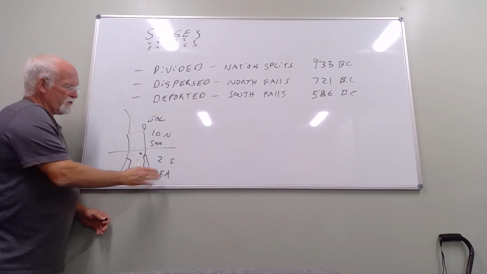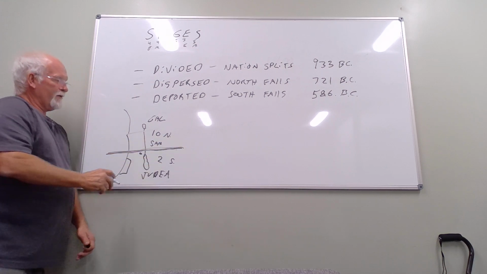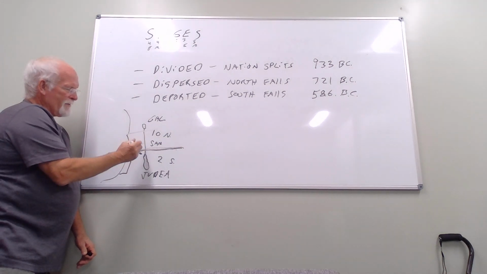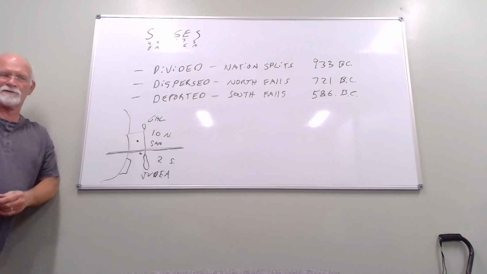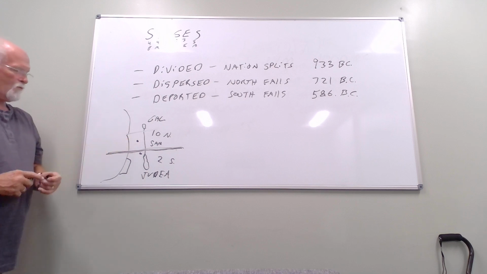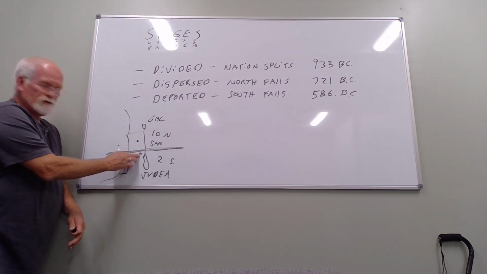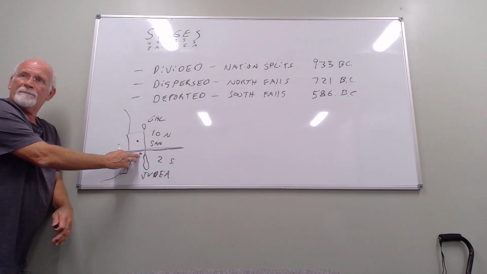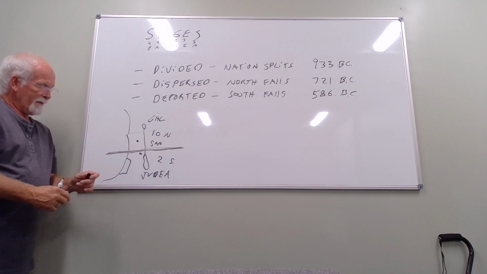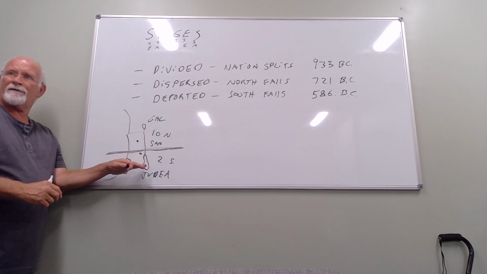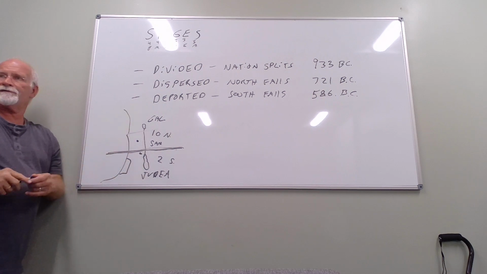But basically, you have this major split right here in the middle, and the northern 10 tribes make Samaria the capital, and the city of Samaria, which is up in this area close to Sychar, is the capital of the northern 10 tribes, and then Jerusalem is the capital of the lower 2 tribes. So they split. Rehoboam's the king down here after Solomon, and then Jeroboam is the king to the north.